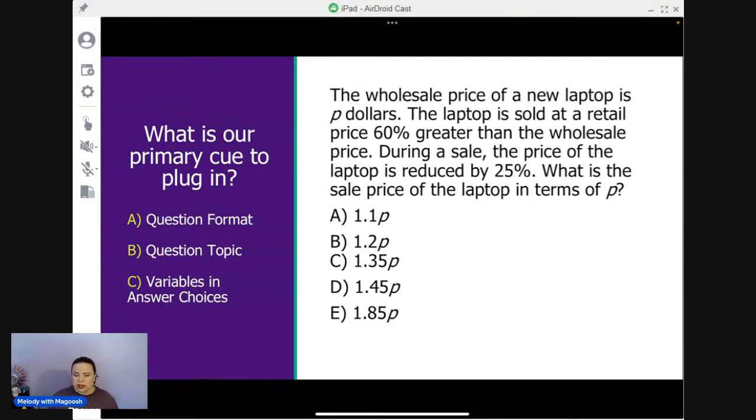The clue I told you to look out for is when you see variables in the answer choices. So what's our variable in this problem? It's P, the letter P. And all of our answer choices include the letter P, don't they? All of our answer choices include the letter P. So this question is a good candidate for the plugging in numbers technique.